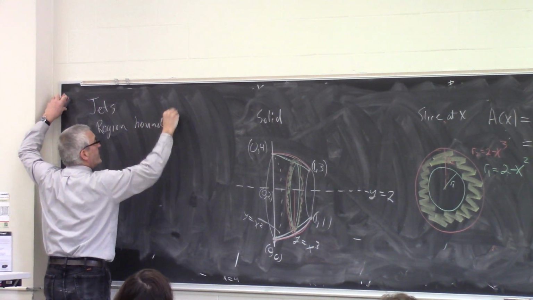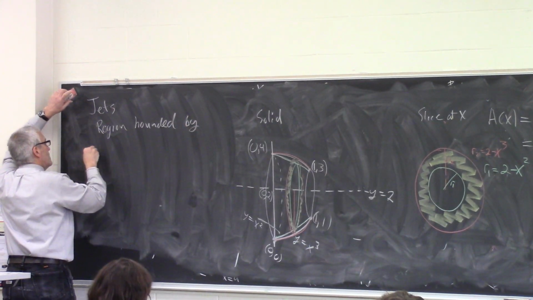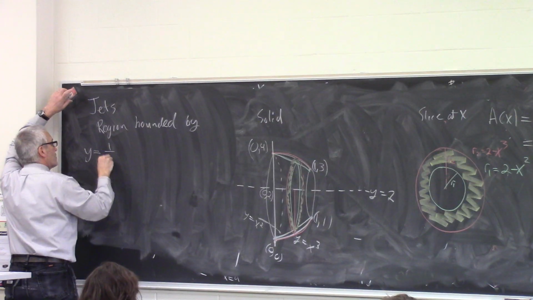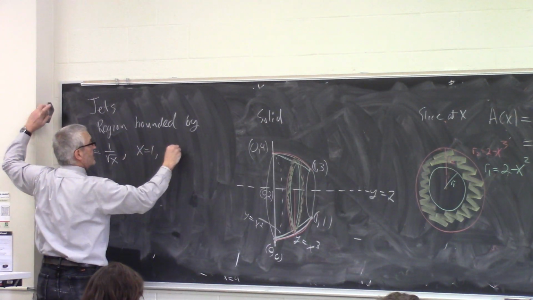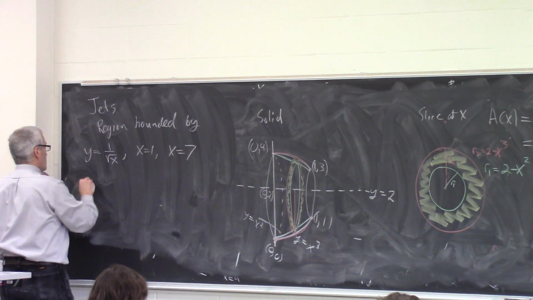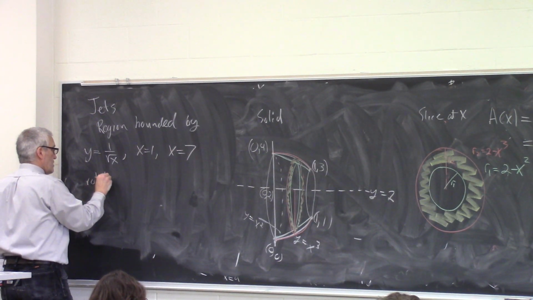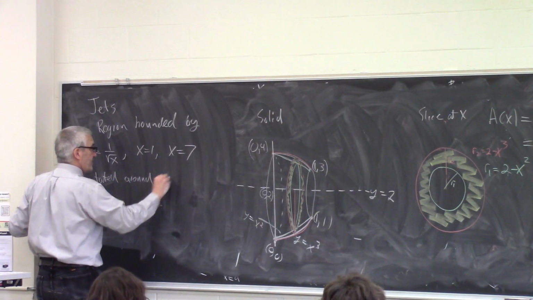So the region is bounded by y equals 1 over square root of x, x equals 1, x equals 7, and then rotated around the x-axis.